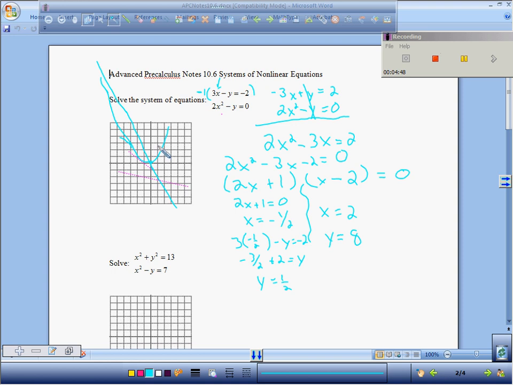So obviously my picture is not correct. It doesn't cross where it crosses, more like over here somewhere. Negative 1/2, 1/2. How could that be? Is this line going the other way? Let me look at my notes. Hold on, I did all these problems.